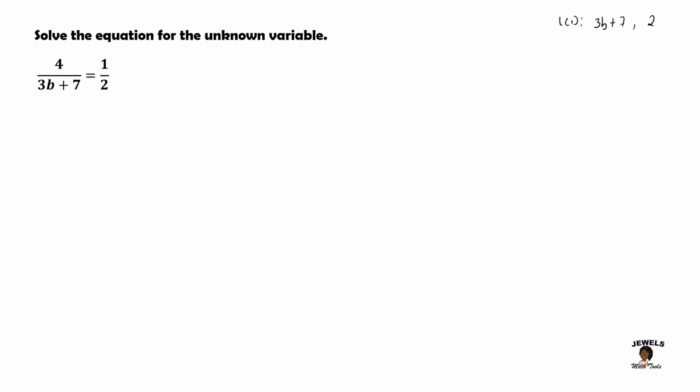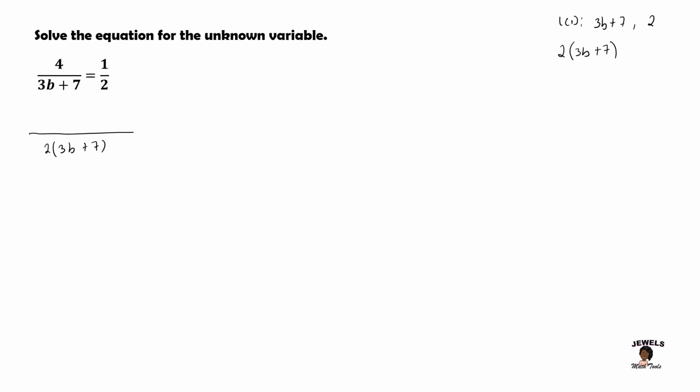And since we never separate the expression, which is 3b plus 7, that means that our LCD will be made up of our two parts with 2 on the outside and 3b plus 7, our expression, on the inside. So that would be our denominator for this equation.